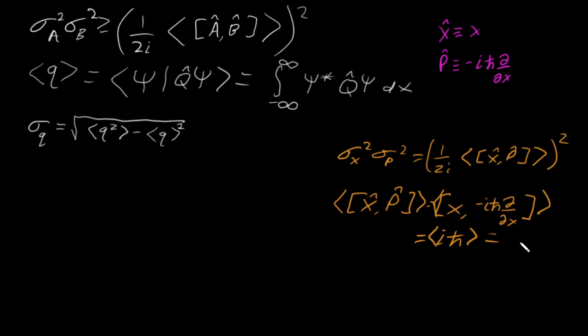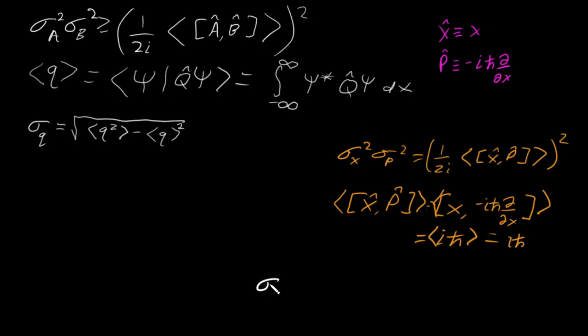It's a constant, so the expectation value of a constant, if you measure it a bunch of times, is going to be the same thing, i h bar.